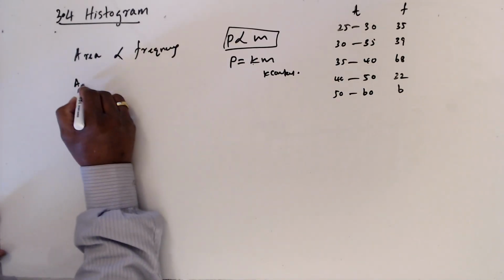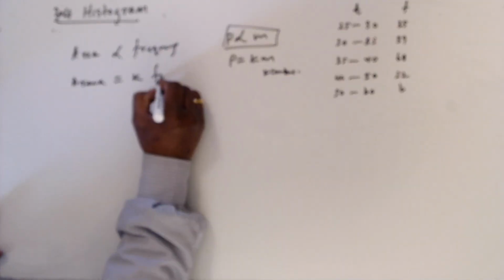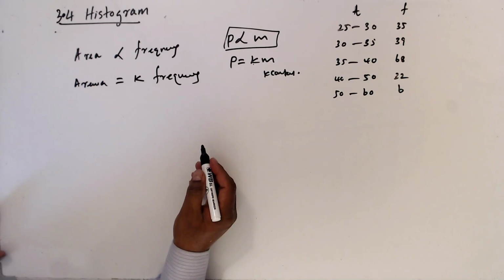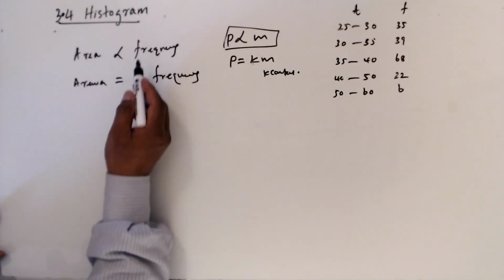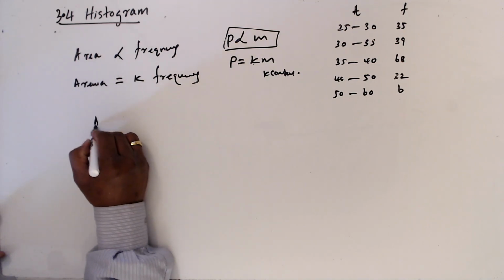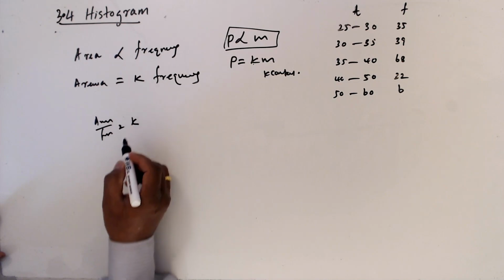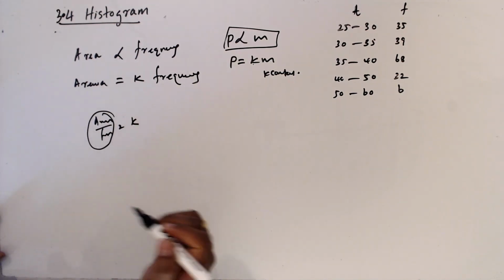Likewise, area is equal to K times frequency. This is the technique we use, because when you divide area by frequency, it has to be a constant. That is the way we develop this equation.